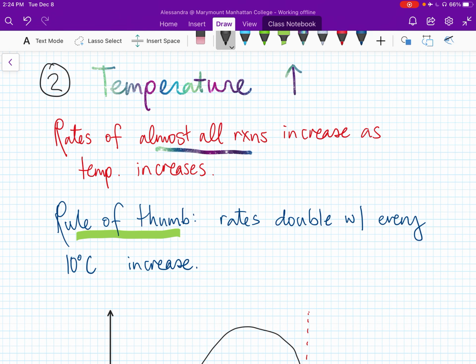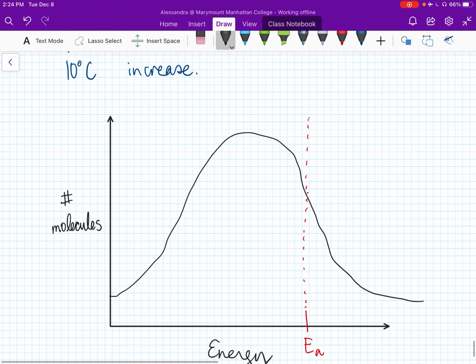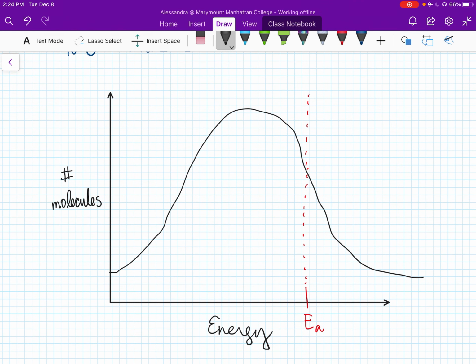This is best explained, again, by looking at the energy distributions as we did for the catalysts. Once again, we're looking at the number of molecules and the energy that each of those molecules has. Let's say I'm looking at a reaction with a certain activation energy, as denoted by the red activation energy here.